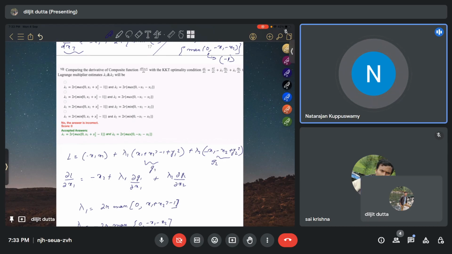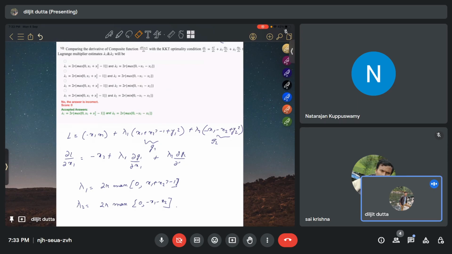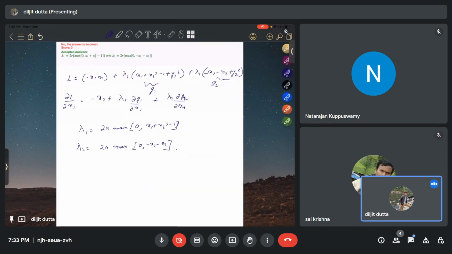Left hand side we are taking del L by del x1, but on the right side you have to take with respect to both constraints. Yeah, sorry, so this is del g2 by del x1 only. Sorry, my bad. You can compare the other term also, del L by del x2. If you take it, you can get both lambda 1 and lambda 2 values only.